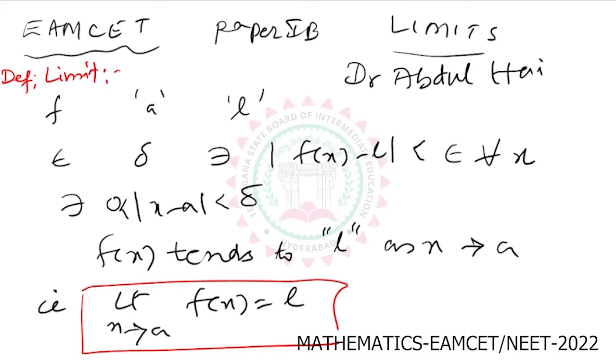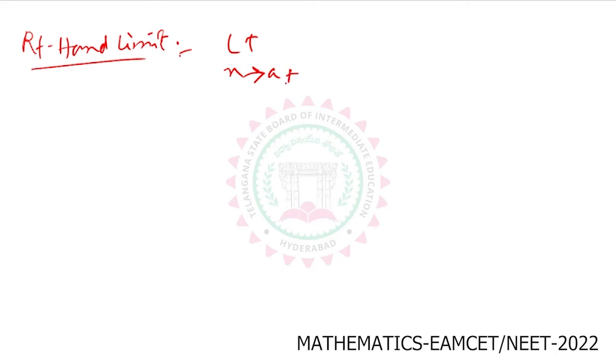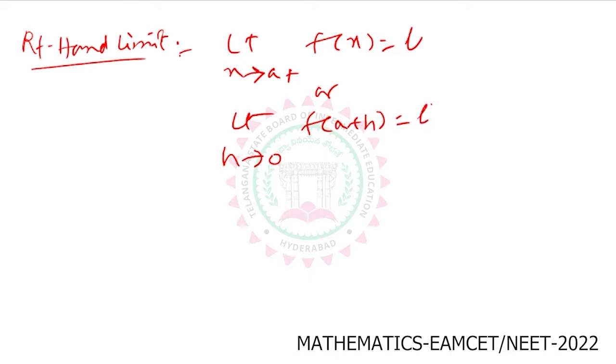This is the definition of limit. Now after this you know the right hand limit and left hand limit. What is right hand limit? Limit x tending to a plus of f(x) is equal to L, or limit h tending to 0 of f(a plus h) is equal to L. And what is left hand limit?